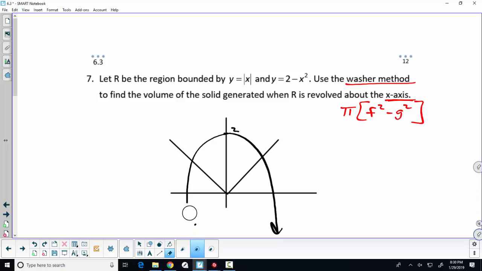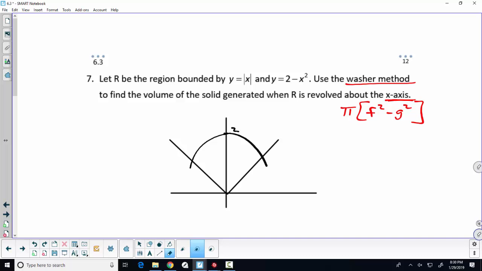So I'm going to erase some of this. One of the things we're dealing with, not really an issue, is the absolute value of the function. Just like when we were talking about distance traveled versus displacement, some regions are positive and some regions are negative.